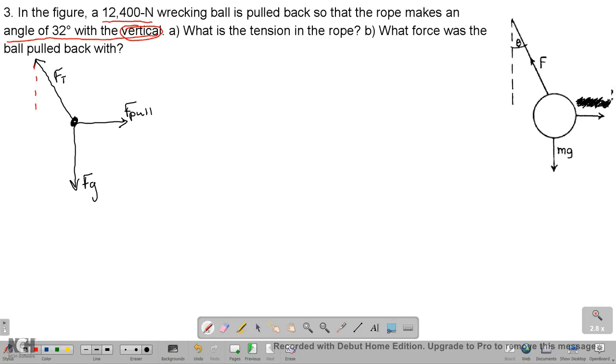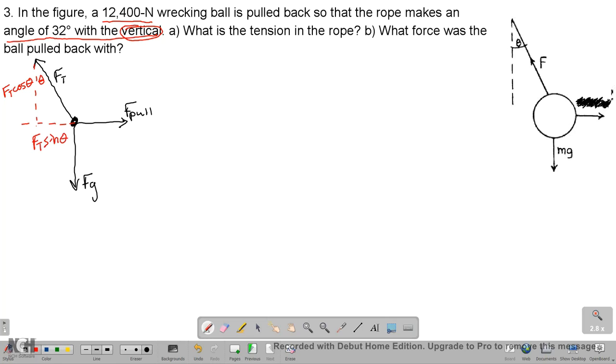So we are going to make our triangle with the tension force. And our angle is 32 degrees to the vertical, so that means that that's this angle right here. So since the y-axis is adjacent to the angle, we're going to label this side FT cosine theta, and we'll label the x-axis FT sine theta since it is opposite the angle of interest here.